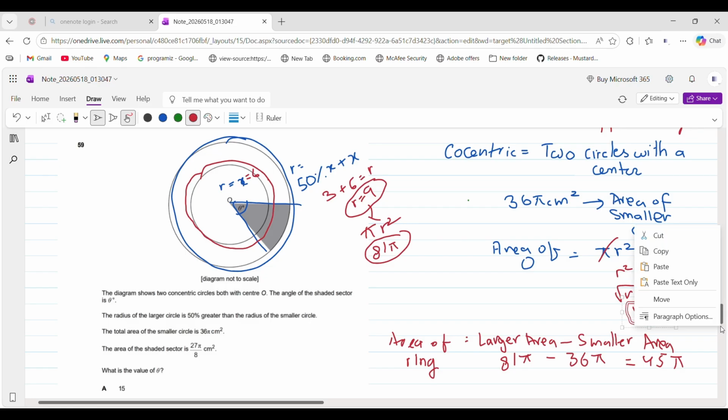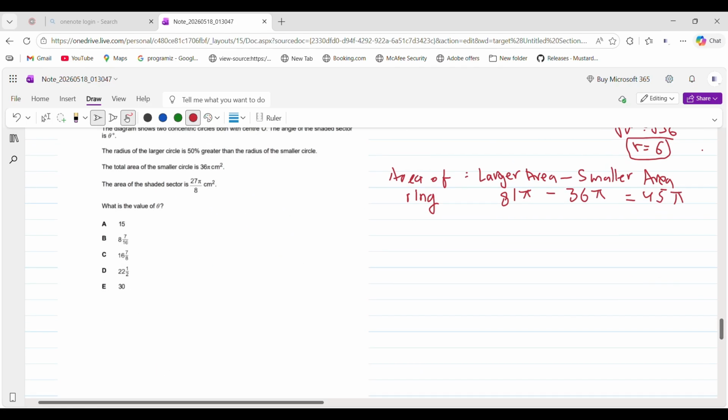For finding the area of the shaded region, we have a formula: area of shaded region equals theta by 360 into the total area of the ring.